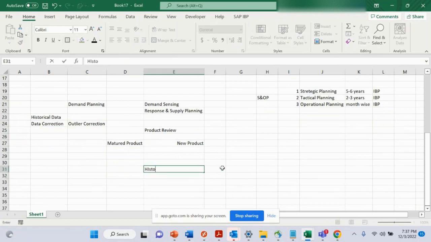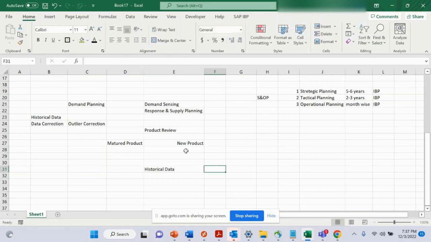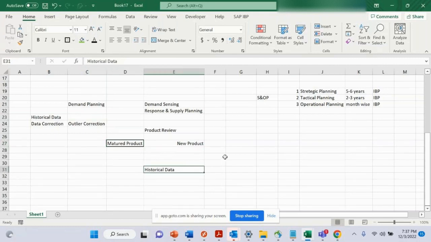Okay. Which historical data is there in the business? Now I'm talking about mature products, then I will come to the new products. For mature products, we have historical data.